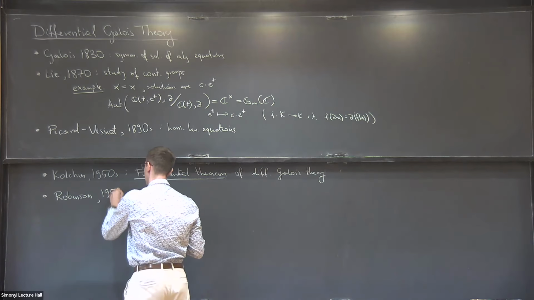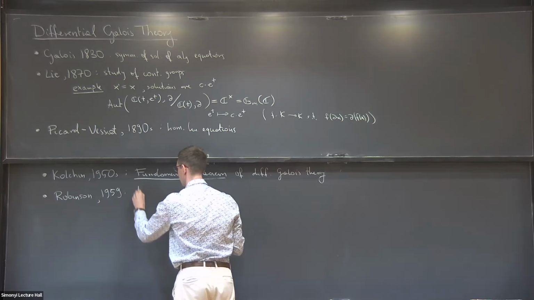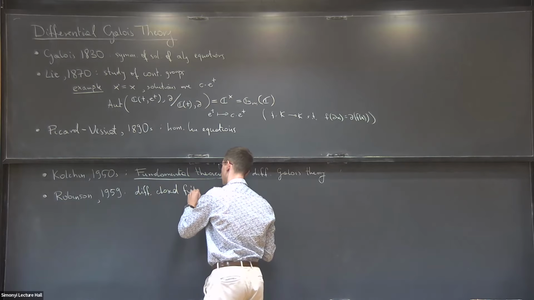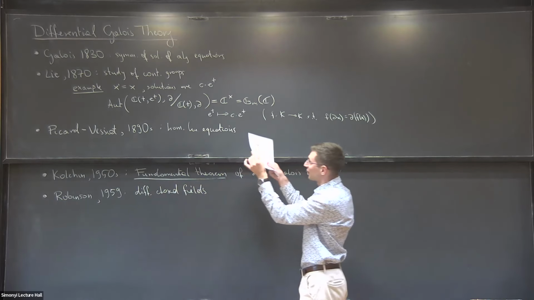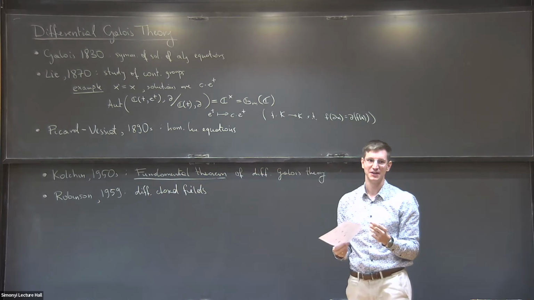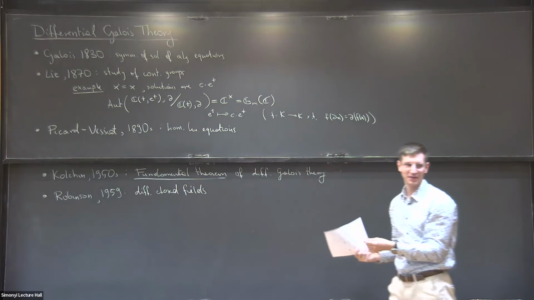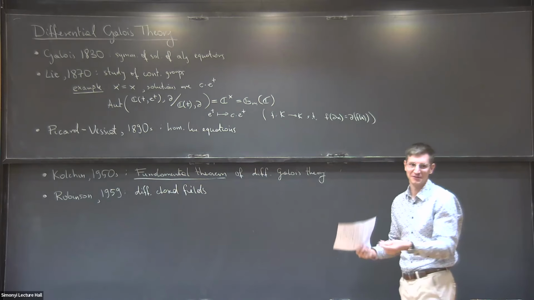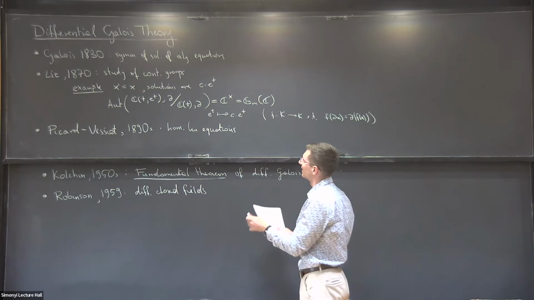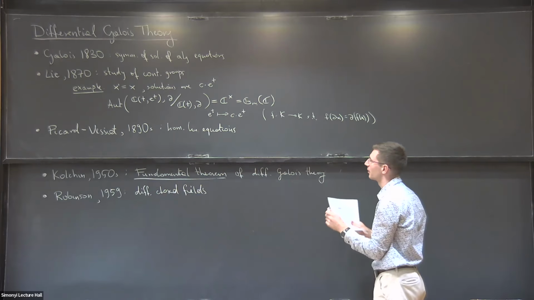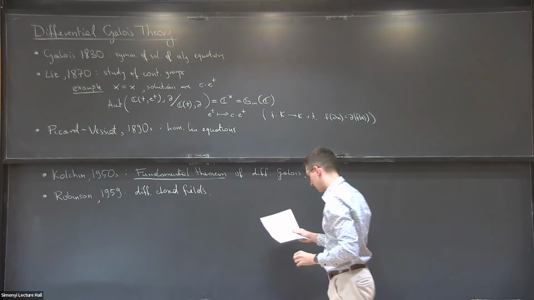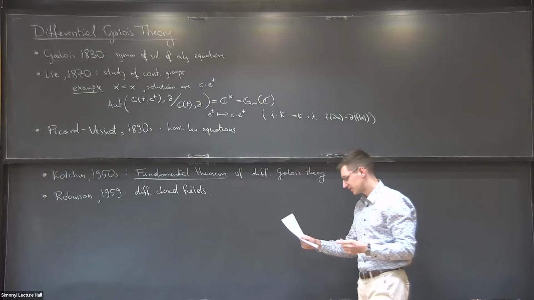This is 1959. Robinson introduces the notion of differentially closed fields. Of course, historically, differential Galois theory was developed before differentially closed fields. And I guess this is the same with Galois theory, but now when we learn it, we start with algebraically closed fields, which are fundamental for Galois theory. And in the perspective I will present today, I want to also underline the role of differentially closed fields.